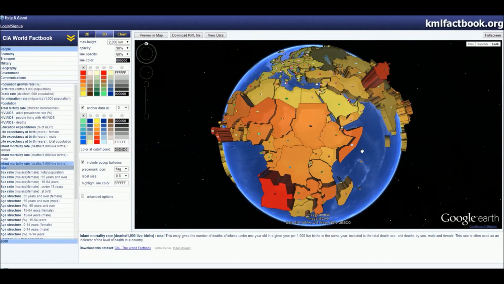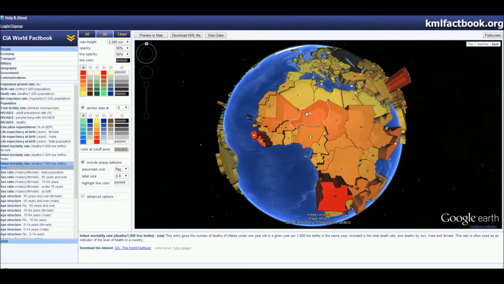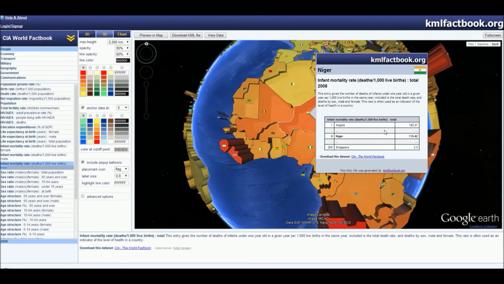So again, we're going to take a look at Niger, because this is one of our main countries to look at, and it's actually in 5th place with 115.42 deaths per 1,000 children born under the age of 1. So this is actually quite high, and again we can see that Niger is a pretty poor country. The GDP wasn't that high.